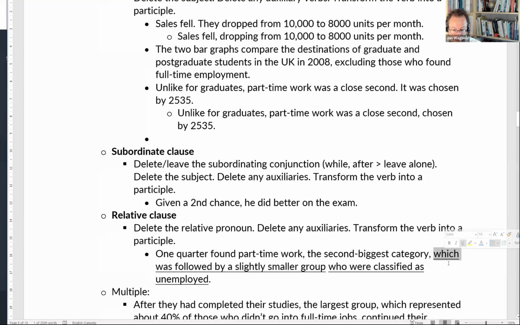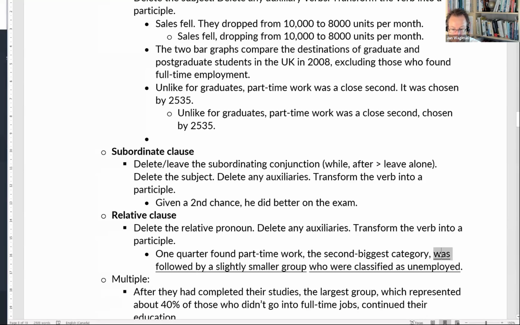Okay, get rid of the pronoun, get rid of the auxiliary, which was followed by, that's passive voice, so we leave it. Who were classified, this is another example of passive voice.